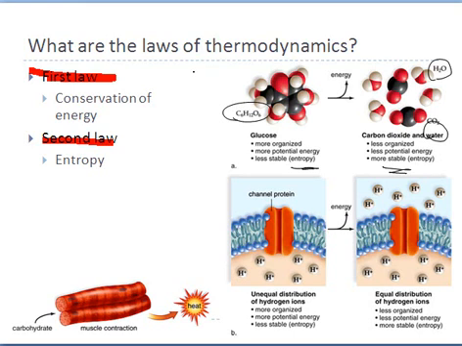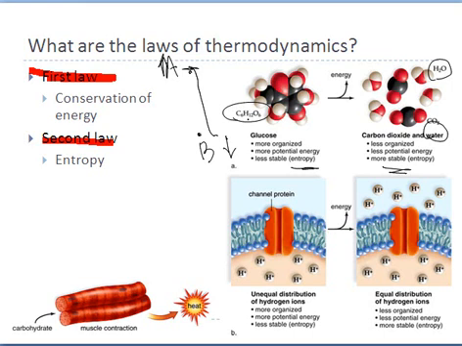Potential energy has to do with the position of an object. For example, if I have a boulder that's rolling down the hill, position A would have a higher potential energy than position B, because position B is lower, or closer to the Earth's surface. So anytime you look at the position of a molecule, that determines its potential energy.